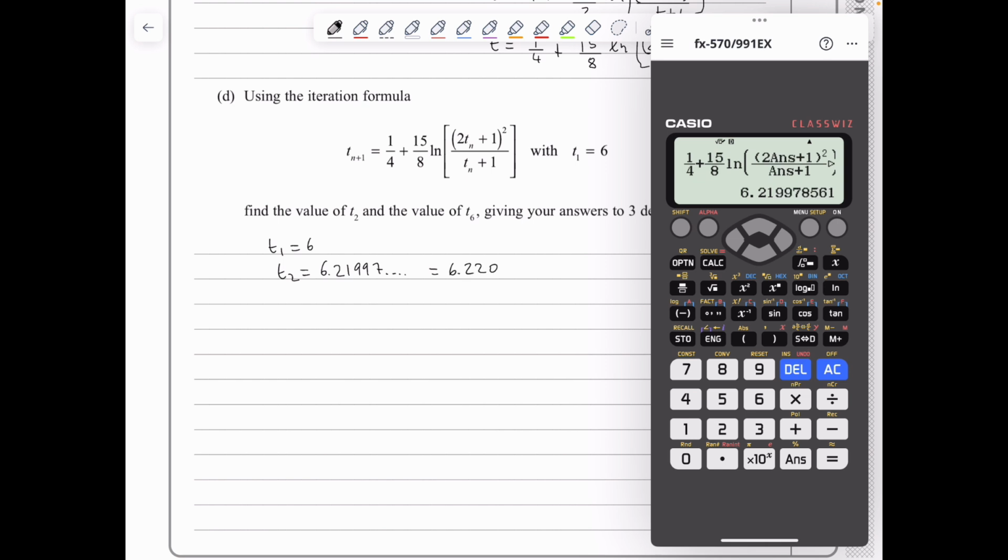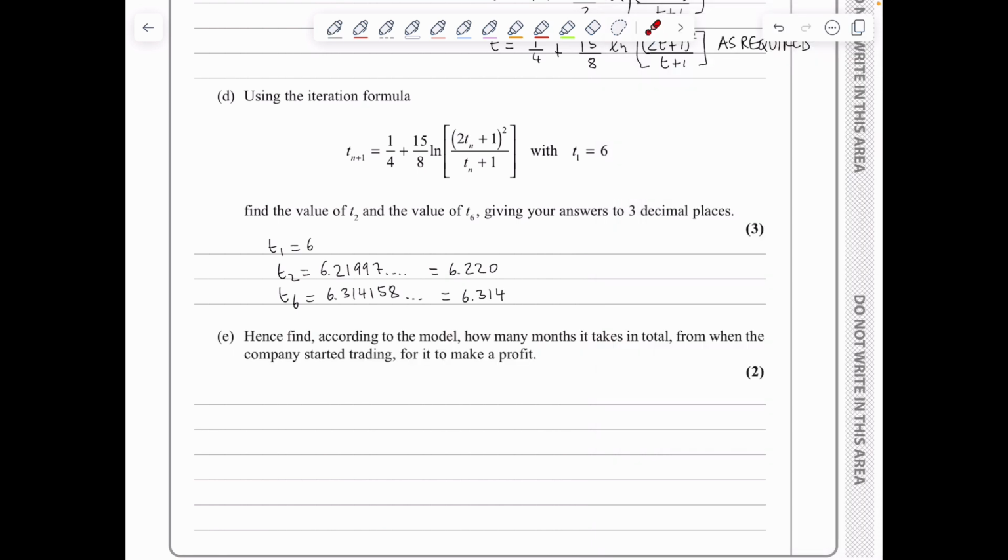If I press it again, it's T3, once more 4, 5, 6, and for T6 we can see that this is 6.314158 dot dot dot, which correct to 3 decimal places is 6.314.